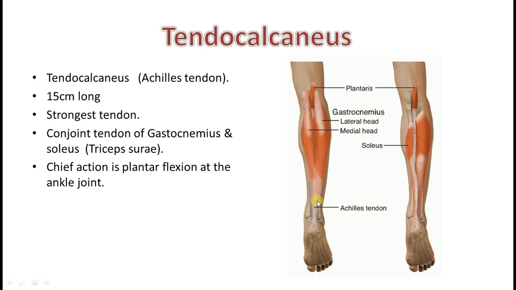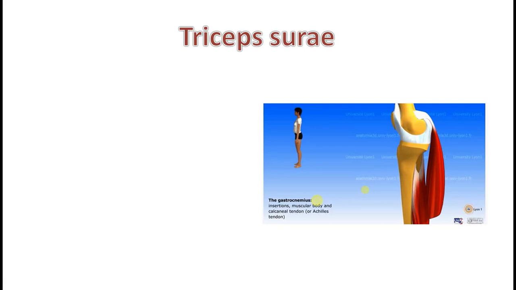So why is plantar flexion actually very important? Because during walking, taking off from the ground, the heel has to be raised. To overcome the inertia of the body weight, naturally the action of this muscle is inevitable.